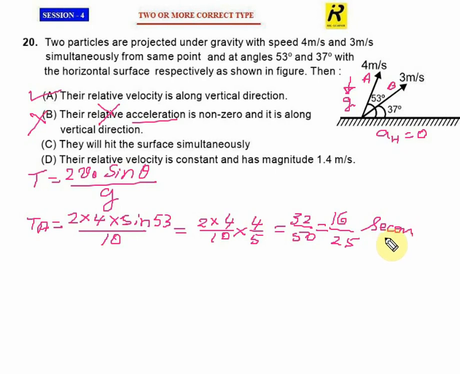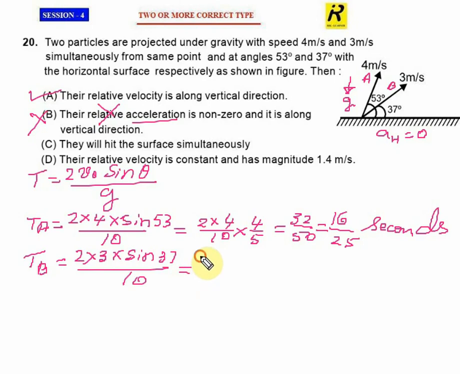Something like 16 divided by 25 seconds. Now I do the same kind of calculation for the second one, which is TB. This is 2 into 3 into sine 37 divided by 10. So this equals 2 into 3 into 3 by 5, all divided by 10.